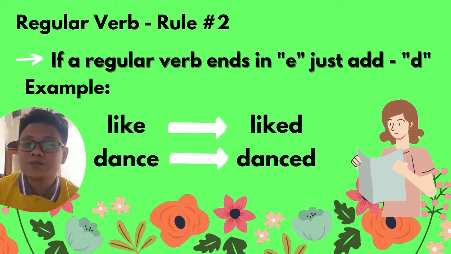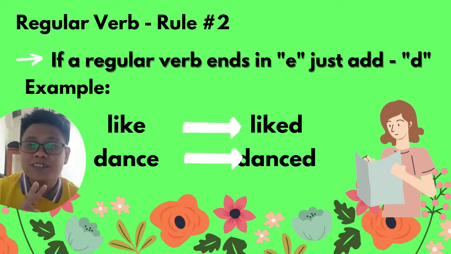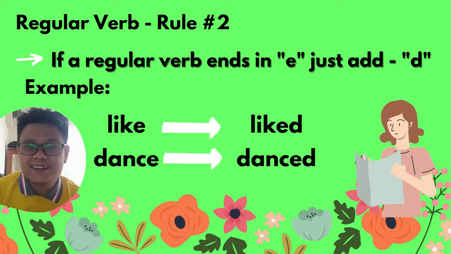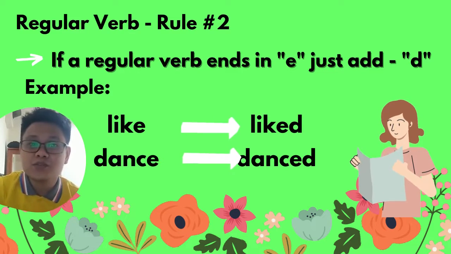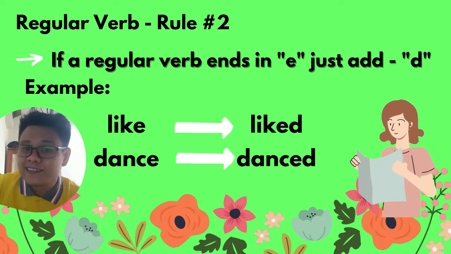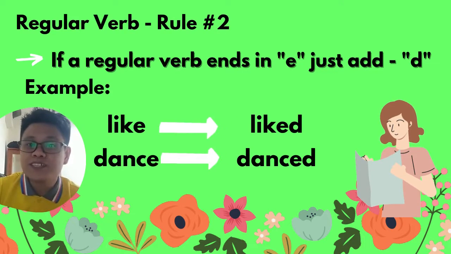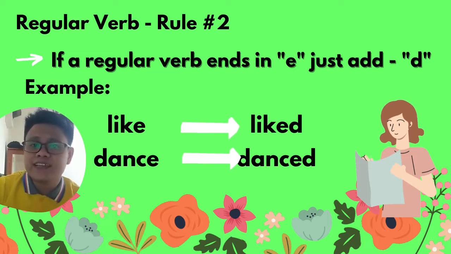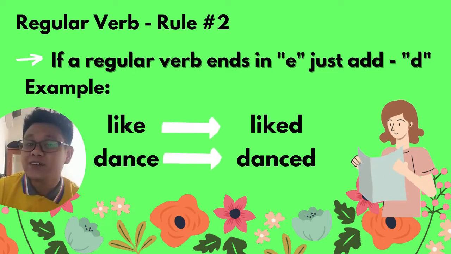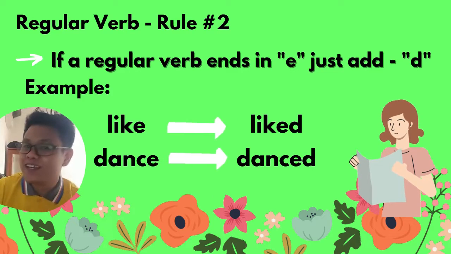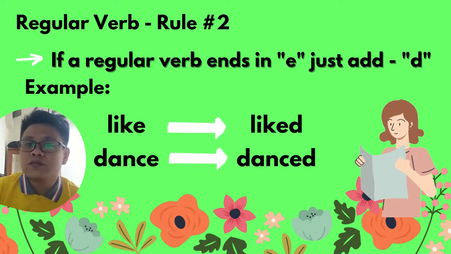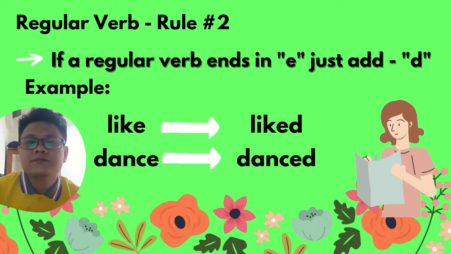As you can see, the two example words end with letter E. So rule number 2 states that we only add letter D if the word ends with letter E. I hope that you follow the rule of the regular verb.